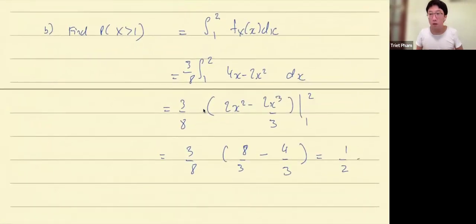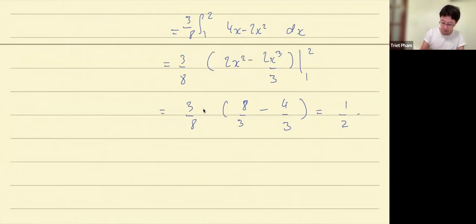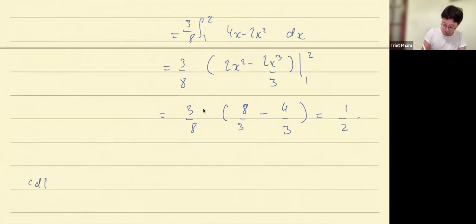All right. So the next topic is about the CDF and PDF of a continuous random variable. We don't talk about the CDF much for discrete random variables.